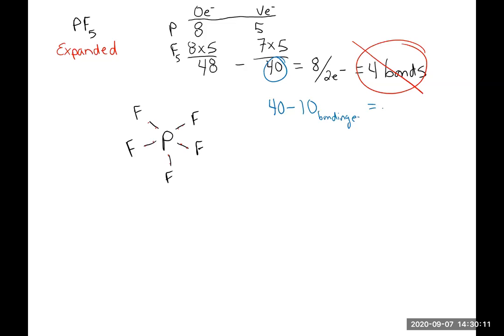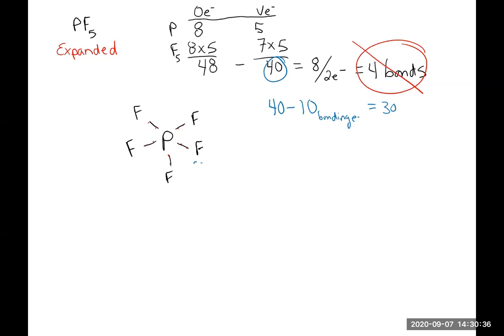And that gives us a total of 30 electrons left over. So a total of 40 valence electrons, 10 we've used for bonding, we have 30 left.